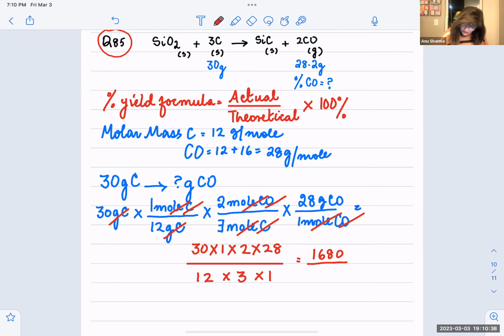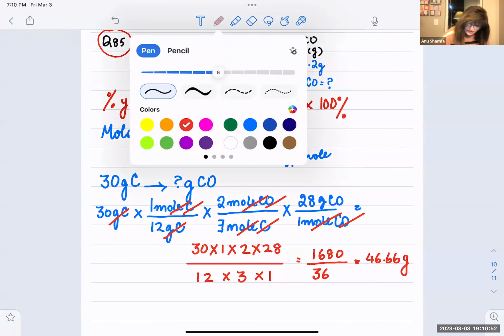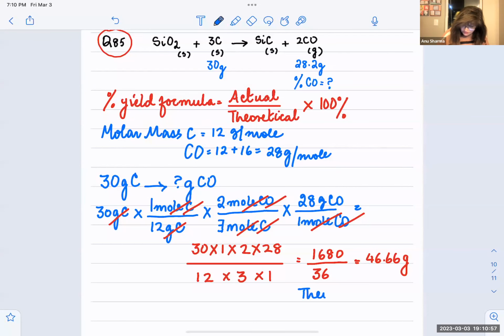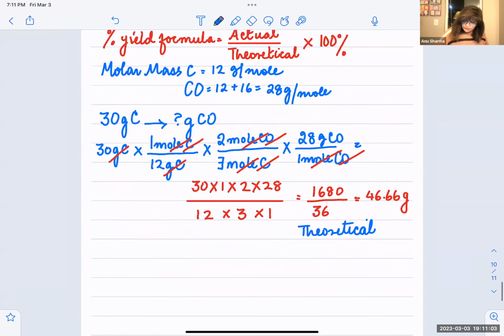Divide that by 12 times 3, which is 36, and you have 46.66 grams. So this is the theoretical yield. In theory, you are producing this much.